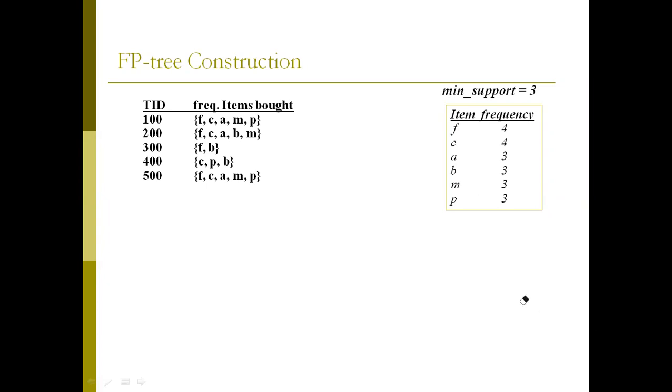Then what do we have to do? First of all, for the construction of the FP tree, you need to represent a root node. That root node must be null. Sometimes you may call it the root. After constructing the root node, what do we have to do?